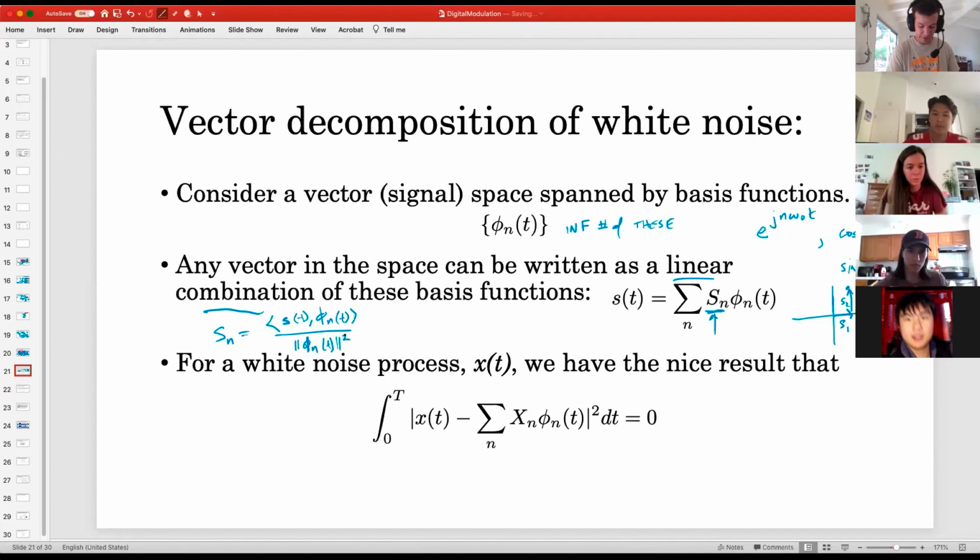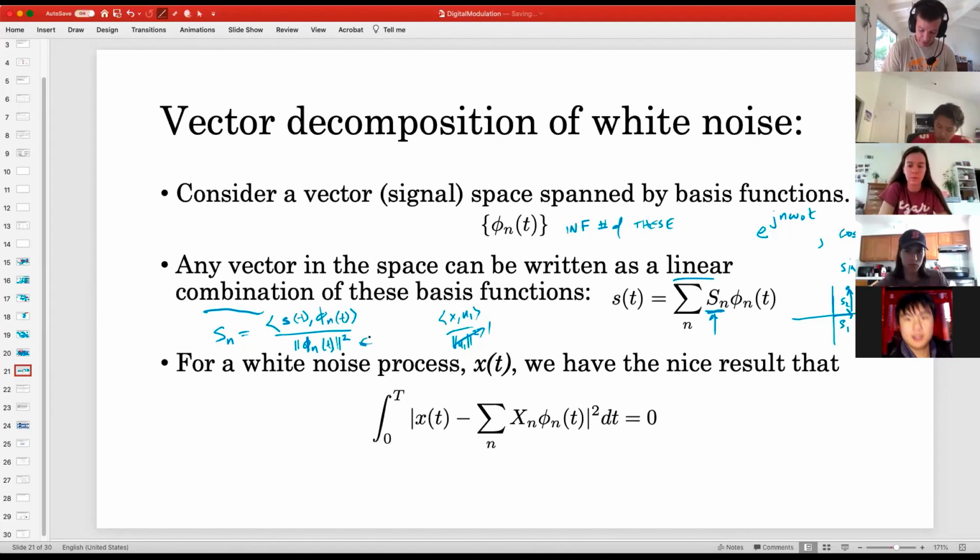You saw the same formula in your linear algebra class, but it was more along the lines of the inner product of x with basis vector u1 divided by the magnitude of u1 squared. And if u1 has unit magnitude, boom, you lose the denominator. So that's why orthonormal basis functions are nice, because you get to forget about the denominator, because they all have magnitude 1.